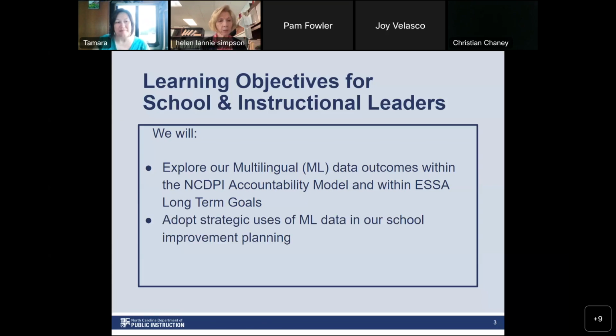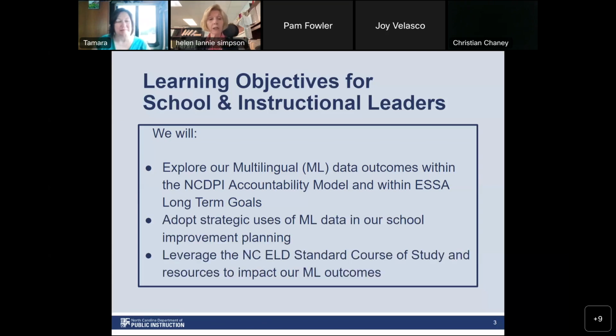We'll look at strategic uses of multilingual data in our own school context in improvement planning. Then we're going to take a bit of a turn and look at the English language development standard course study, which is new in implementation for this year.